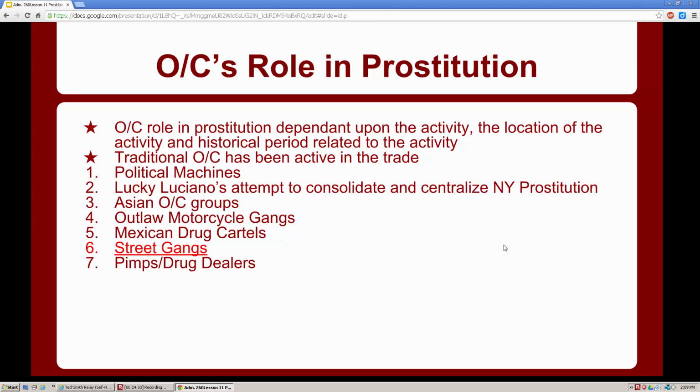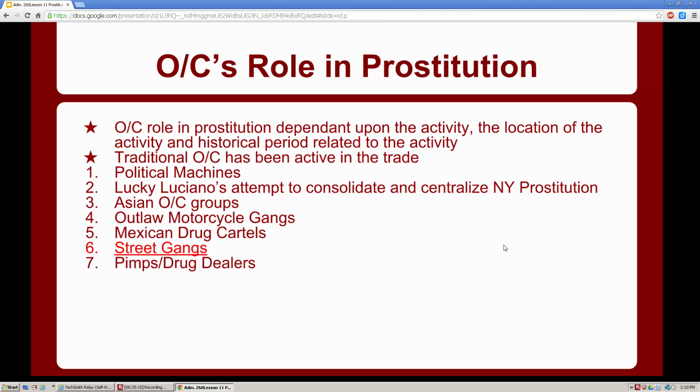Nowadays, in more contemporary times, you have Asian organized crime groups and outlaw motorcycle gangs as some of the larger contributors to prostitution through money laundering with your massage parlors, bars, strip clubs, that type of thing that tolerate and advocate prostitution out of those establishments. Same thing with the Mexican drug cartel.